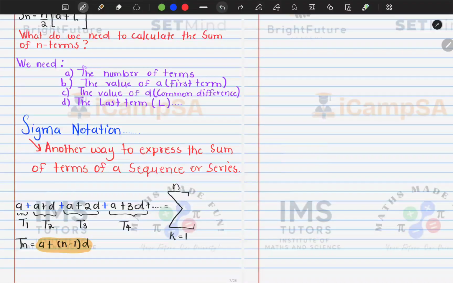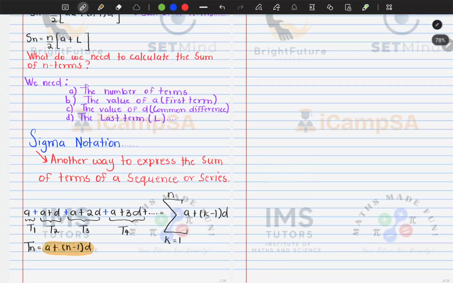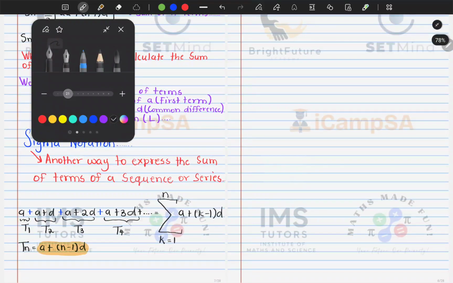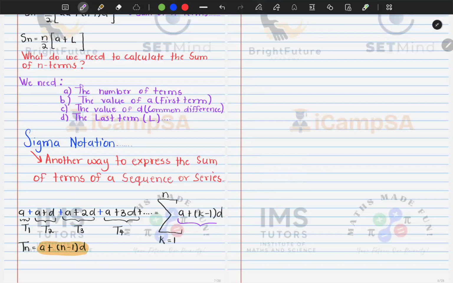So if I was to put that, you will see that we'll have a plus, and we will now use k, it will be k minus 1 times d. So this is how we are going to express our series in sigma notation. So essentially what sits here is our general term.